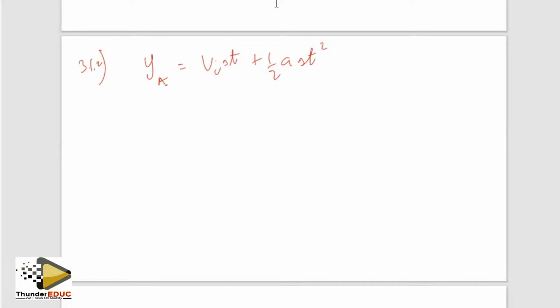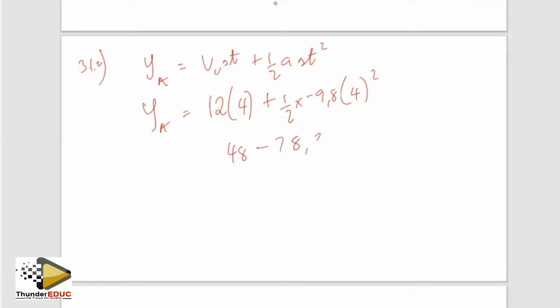Initially it is 12, the time is 4 seconds, plus a half times negative 9.8 multiplied by 4 squared. So that's 48, and on that side, 0.5 times 9.8 times 16, which gives me negative 78.2.